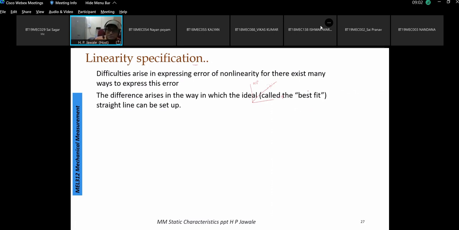Say, for example, through the measurement, I am only knowing the spread of the different readings. So the line can either pass through zero, or it can be the best fit line passing through some intercept, say this intercept C, or it can be between the full range of the measurement that covers the very first reading and the last reading, and the line shall pass in between these, right?